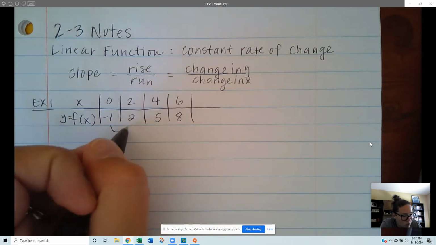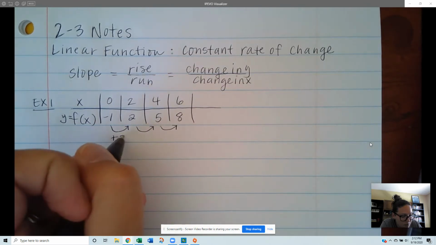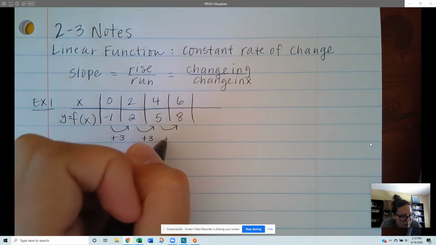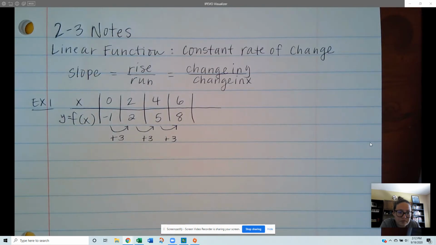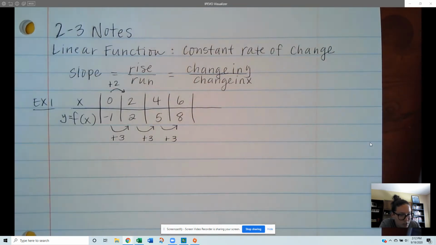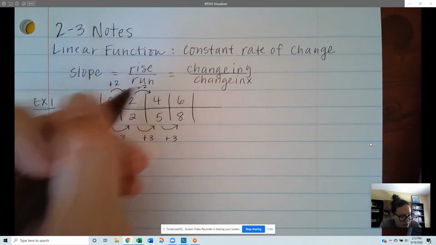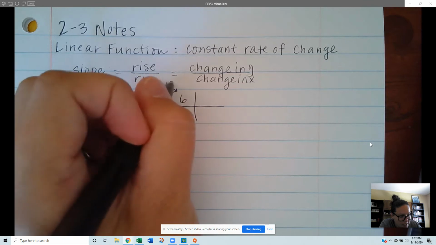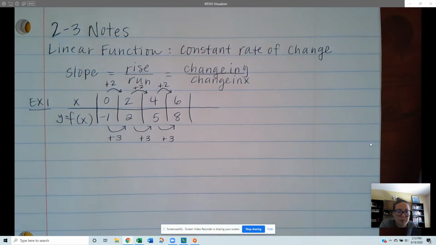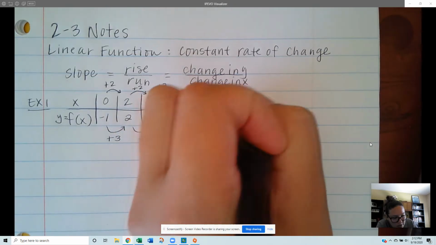Well, my change in y is plus 3, plus 3, plus 3. What's my change in x? Plus 2. From 2 to 4 is plus 2. And from 4 to 6 is plus 2. So my rate of change, I'm going to just simplify it to ROC.